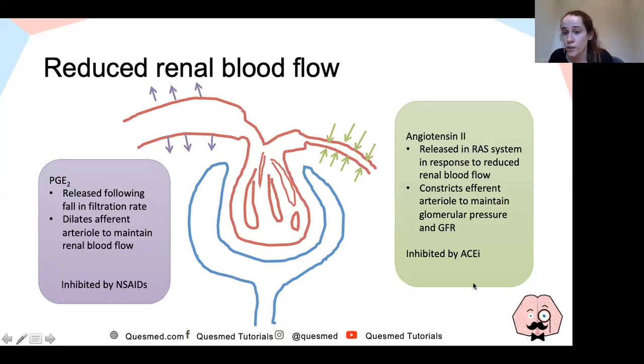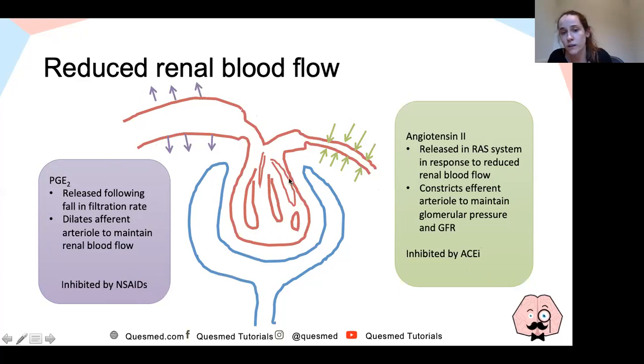In contrast to that, angiotensin 2 conversion is inhibited by ACE inhibitors. So that's things like ramipril. So if we give a patient with a low blood pressure or reduced renal blood flow both an NSAID, something like ibuprofen, and also an ACE inhibitor like ramipril, we're damaging both of these mechanisms, which help to maintain glomerular filtration rate and renal blood flow, and therefore we can cause real damage to the kidney.